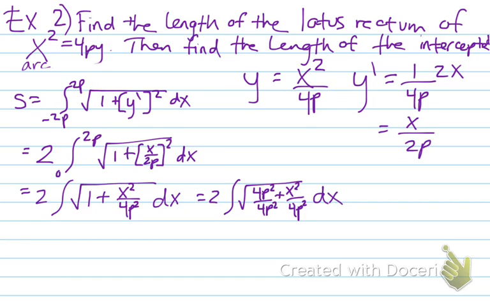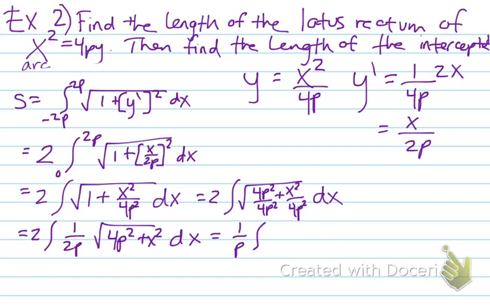So I can actually pull out that 1 over 4p squared from the radical. So I get 2 times the integral of 1 over 2p, because when I pull out that 1 over 4p squared, that's what it turns into, times the square root of 4p squared plus x squared dx. And I can pull that outside of the integral, so the 2's cancel. I get 1 over p times the integral of the square root of 4p squared plus x squared dx.